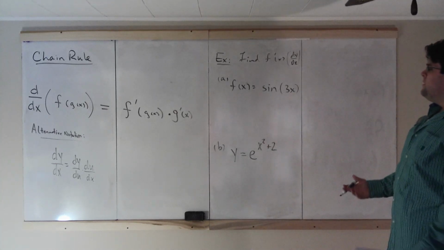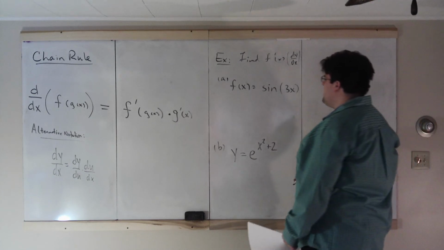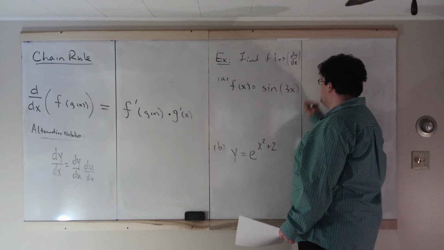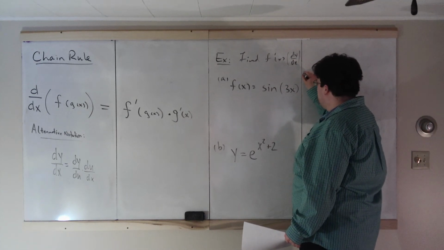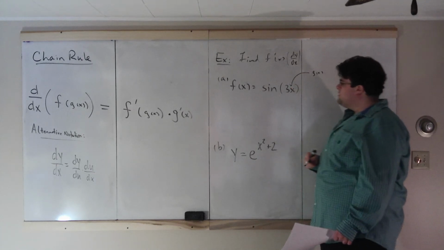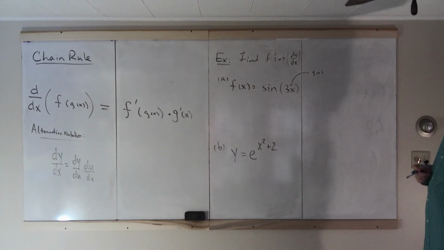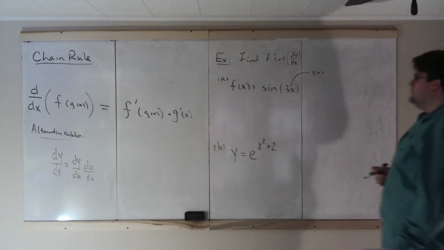So here, in the first one, we would need to choose two functions. And there are some ways you could write this. I'm going to write it like this. That inside piece of the function, 3x, is going to be our g of x.